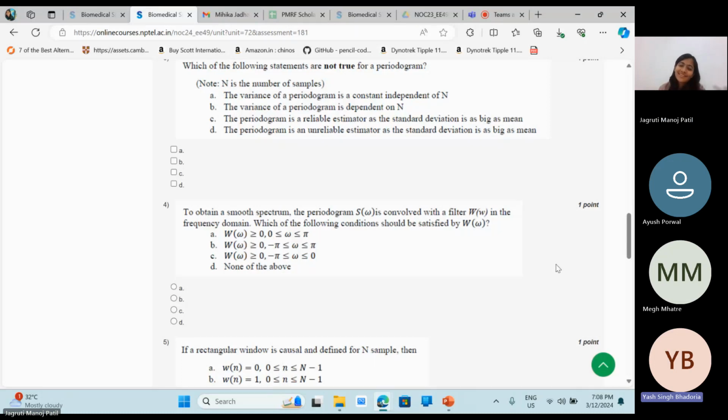Mainly there are three observations: at n equals 0, we get the maximum energy, like a peak. So by these observations, I think option B is most appropriate.